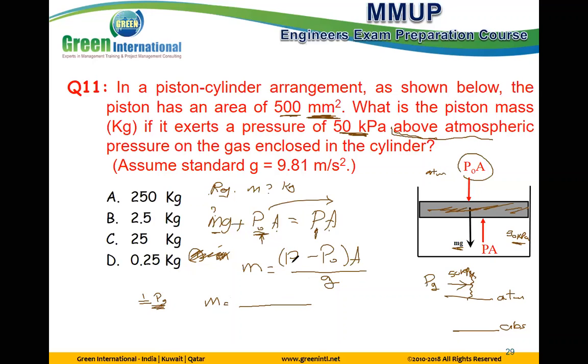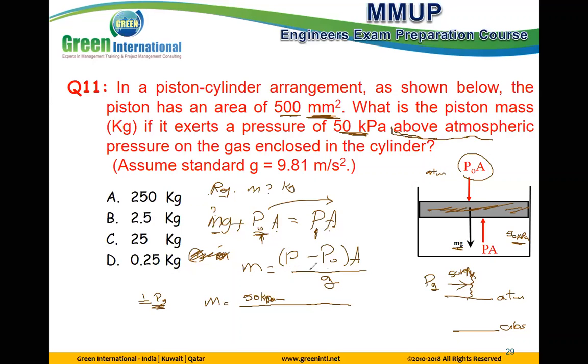what is this pressure? 50 kilopascal. 50 kilopascal minus, what is this pressure? Gauge pressure. Okay, value 50. This referred to the outside one, atmospheric.